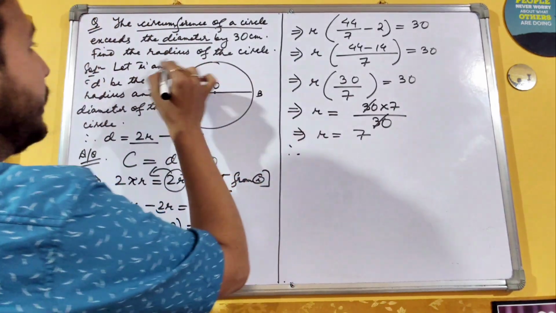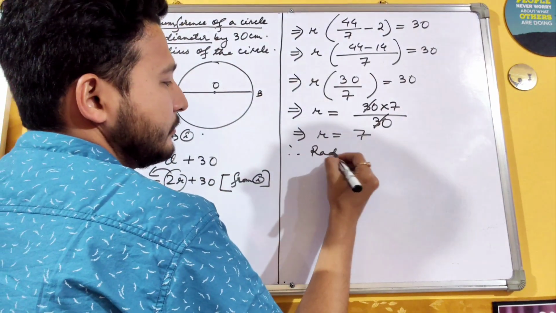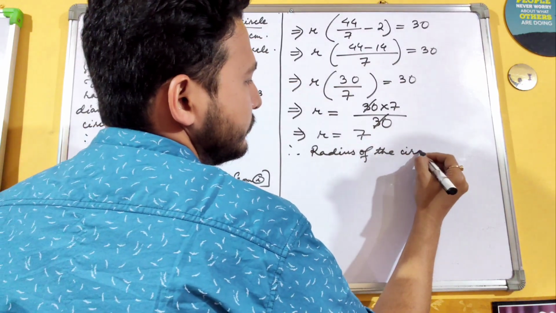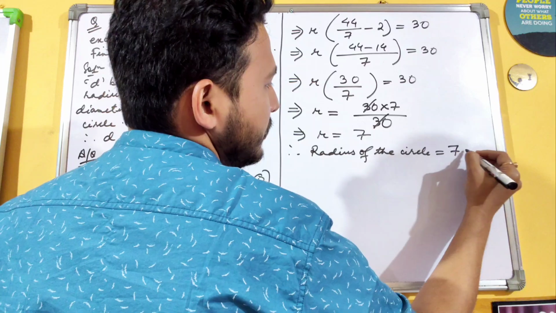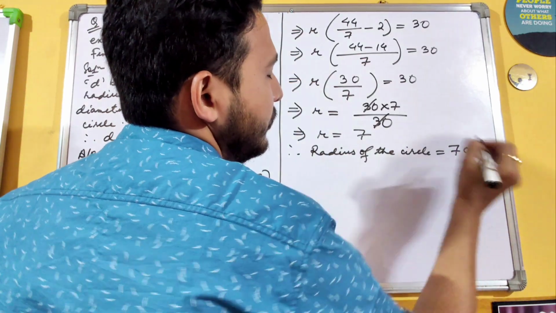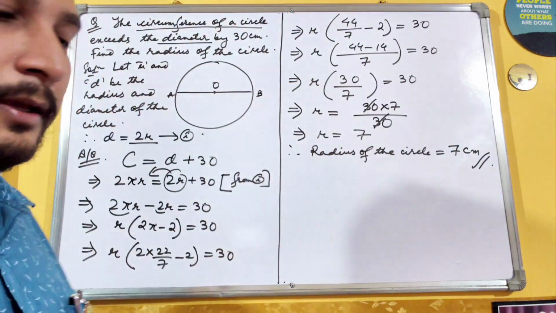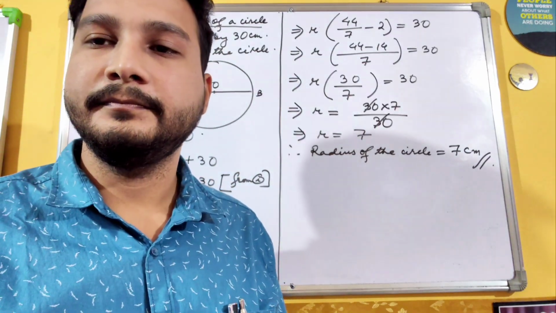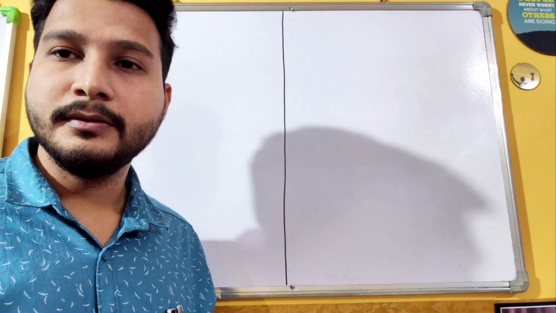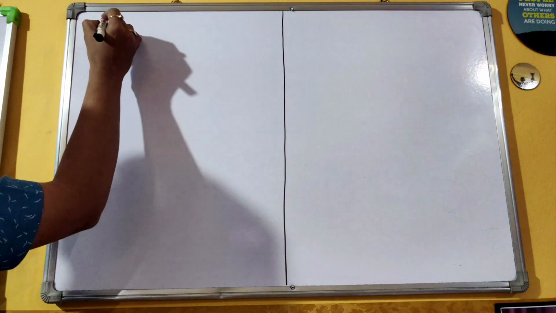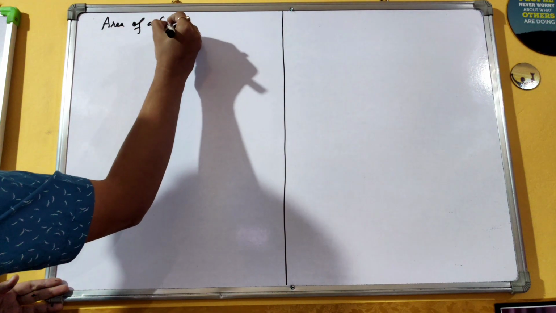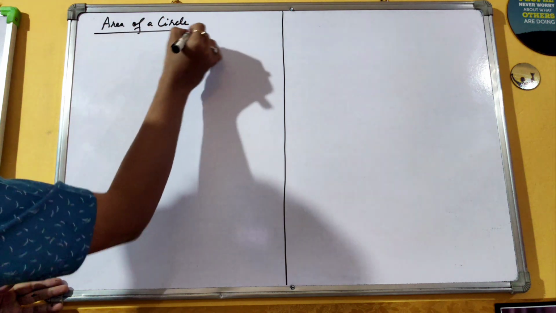Therefore, radius of the circle equals 7 centimeter, which is the answer. Now let's check what's the area of a circle. I'm just providing the formula.